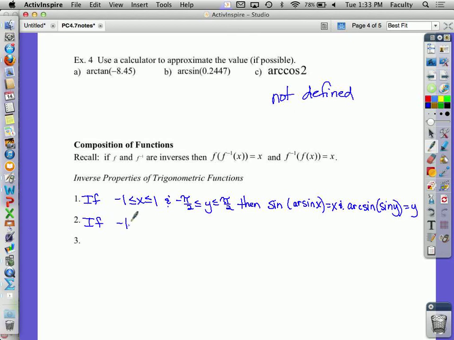Number 2, if x is between -1 and 1, and y is between 0 and pi, then the cosine of arc cosine x equals x, and arc cosine of cosine y is y.